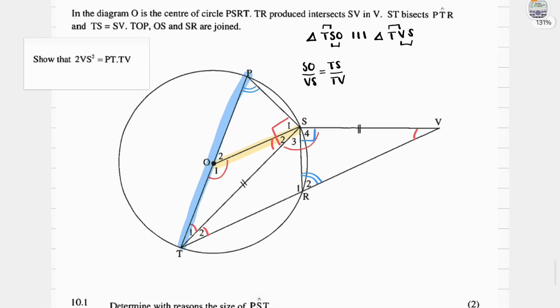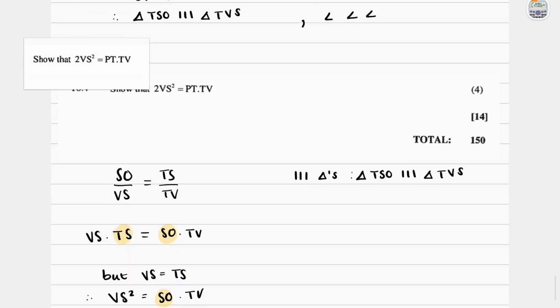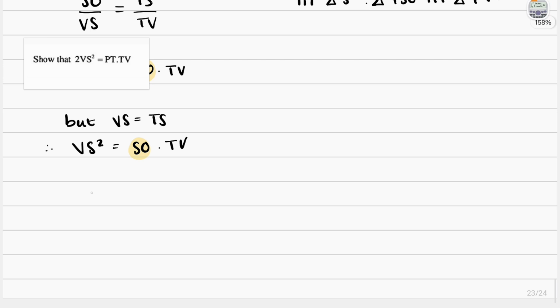And here's how we can put this down. We can tell them that OP is equal to OT, which is equal to OS. If they're all equal, then we can make that relation. So OP equals OT, which equals OS or SO, and these are equal radii.